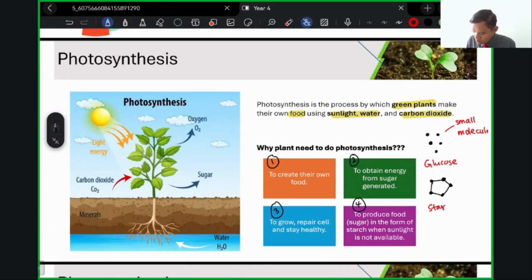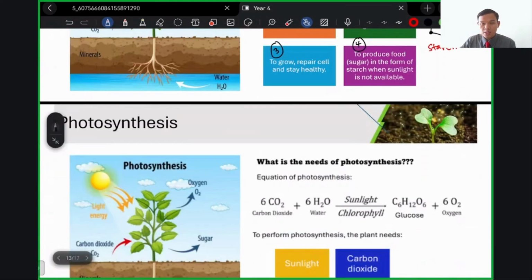So, which molecule is larger, starch or glucose? The answer is starch. So the plant generates the glucose.